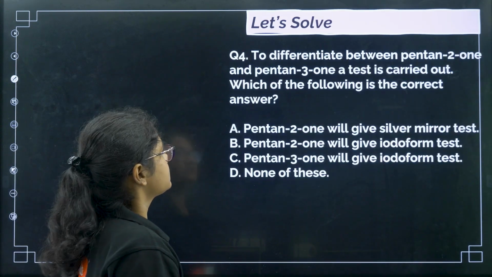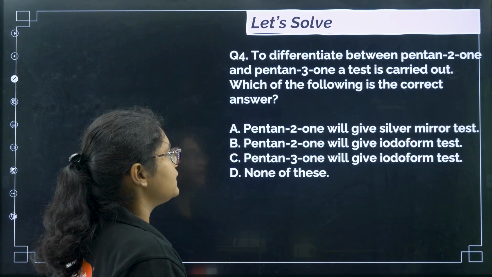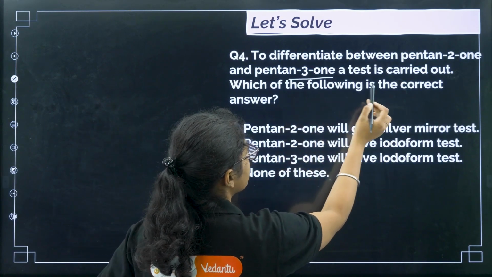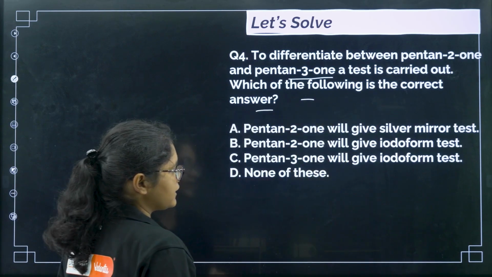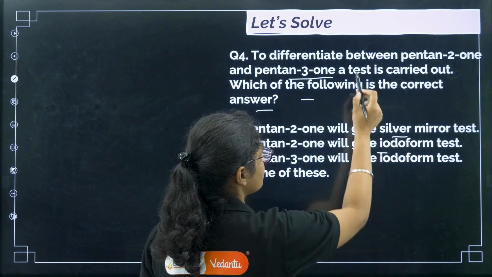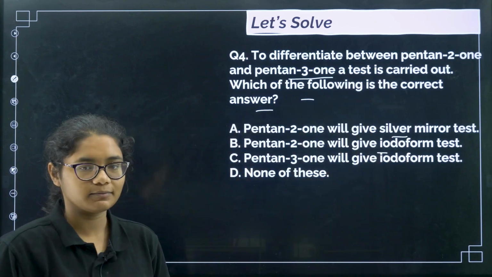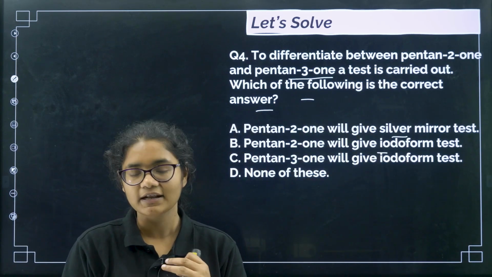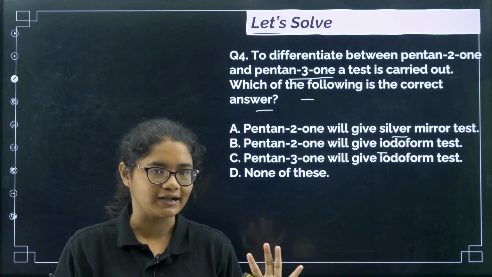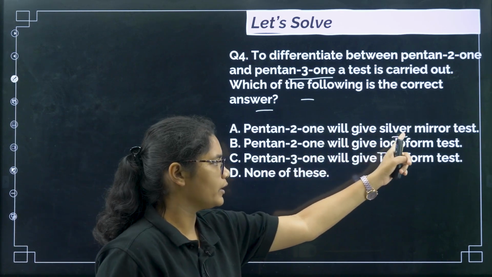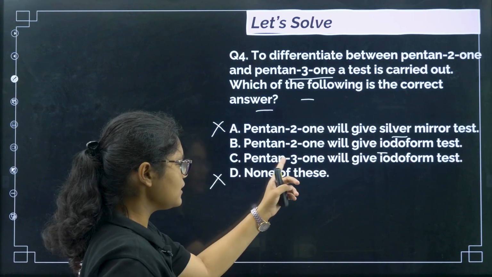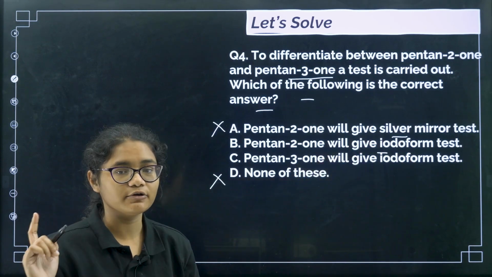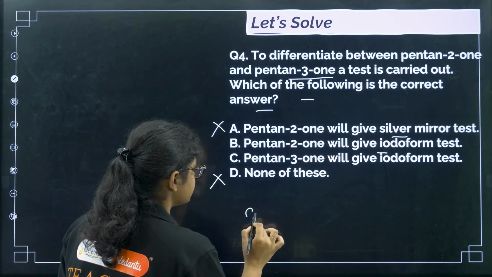Okay, next, question number 4. To differentiate between pentan-2-one and pentan-3-one, a test is carried out. Which of the following is correct? So silver mirror test, iodoform test. See, both are ketone groups. So I told you silver mirror test is the same as Tollens reagent, and ketones do not give that test. So that is wrong. Now coming to iodoform test. For iodoform test, what is the group required? CH3CO.